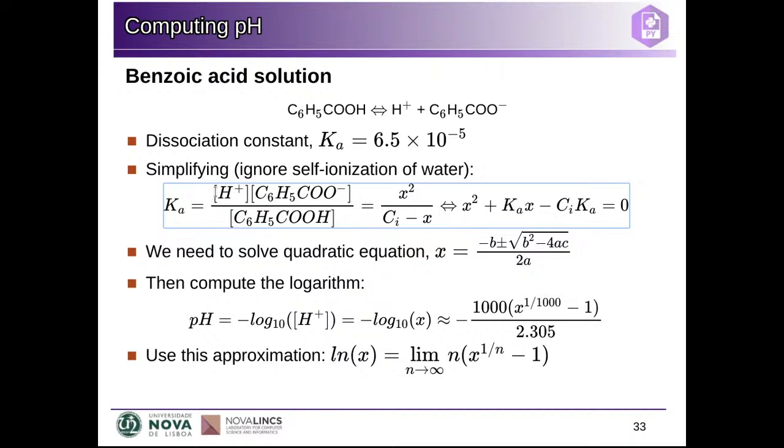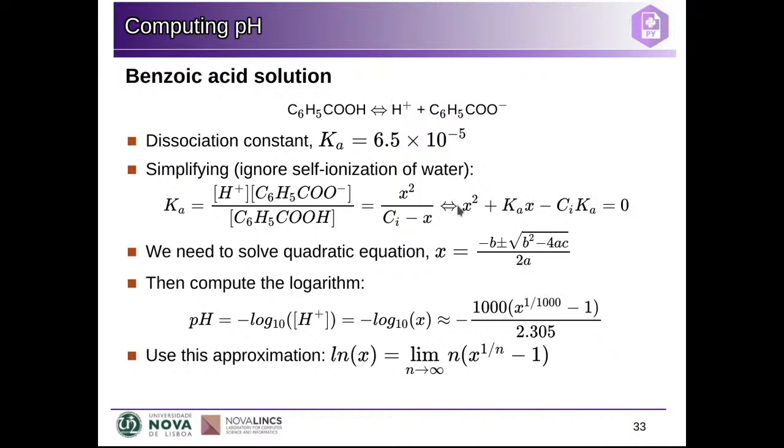Since these two concentrations are the same, this will be the concentration of H plus times itself. So we have X squared there, and the final concentration of this one is the initial one that we put in solution minus whatever was lost by this dissociation. So X is what we want to find, which means how much of this was produced in this reaction.